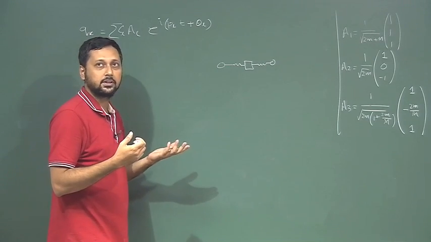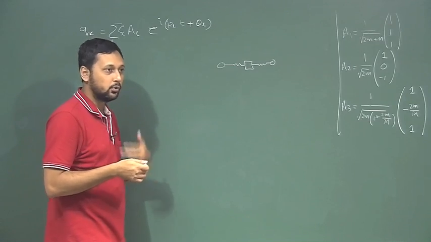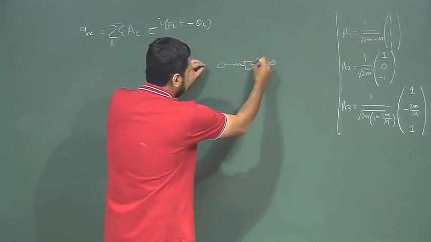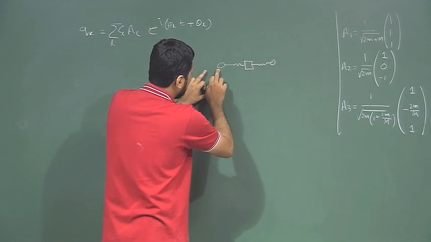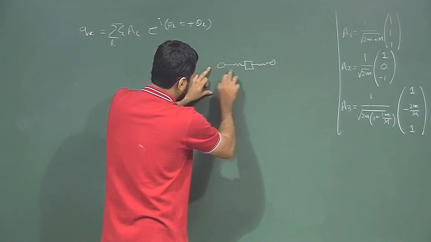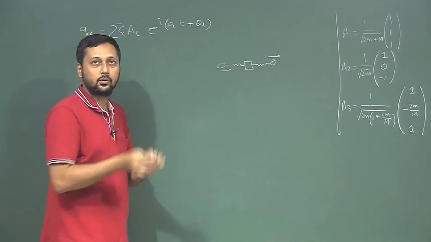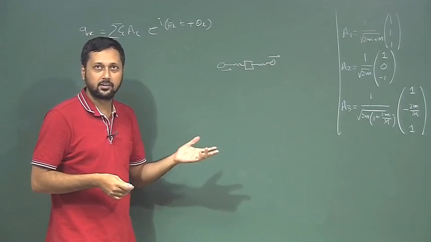Which mode of vibration will be activated? The moment we release it, this mass will start going inside and this mass will start moving outside. So they are going antiphase, antisymmetric stretching.